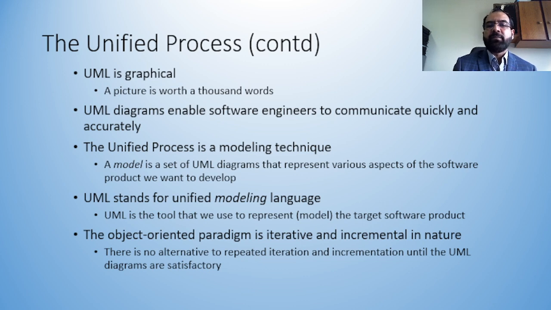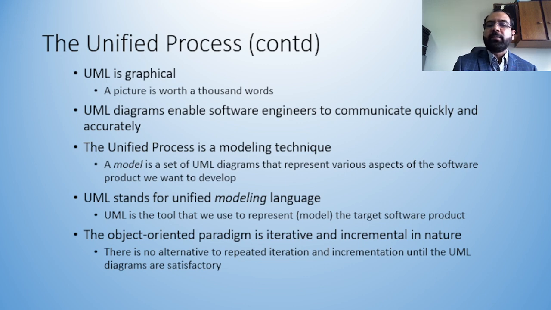Whenever we communicate with each other, for example, in terms of a use case model or a class model, or even a state transition or a sequence model or any architectural diagram. So the unified process model is a modeling technique which consists of various diagrams or models, and which can be incorporated in various phases of a unified process model.